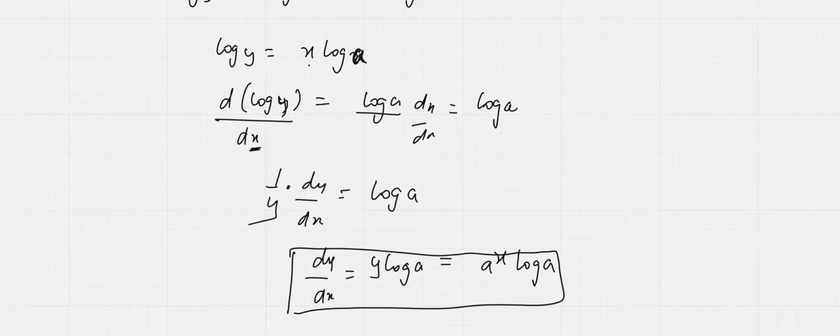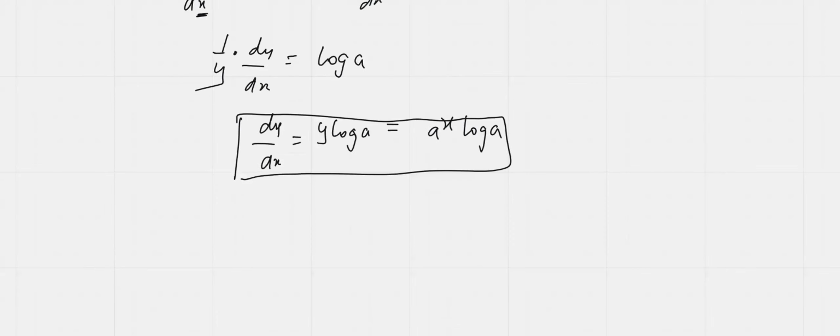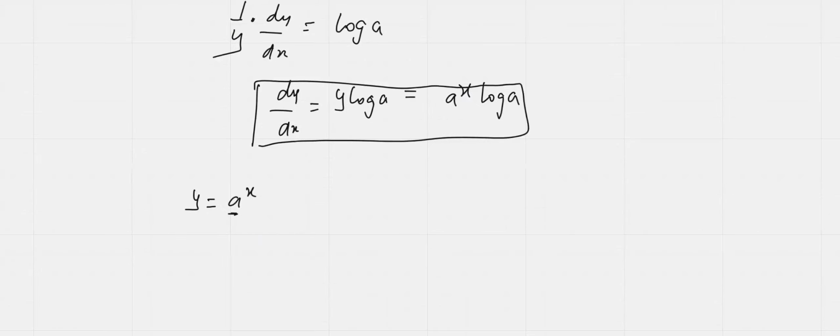All these logs are with respect to e as a base. So if y is equal to a to the power x, where a is your base, your answer of dy by dx is going to be a to the power x log of a with e as the base. This is your answer. Understood?